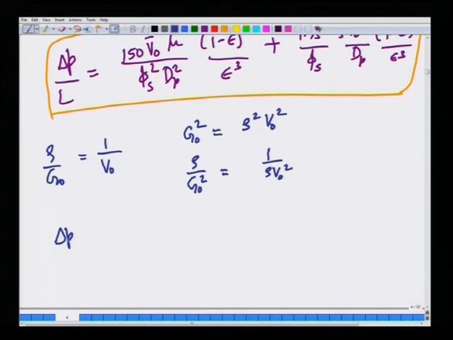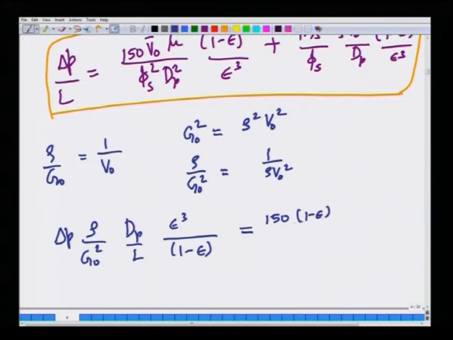So, delta P rho by G naught squared dP by L, epsilon cube by 1 minus epsilon, this is a non-dimensional pressure drop, essentially like a friction factor, is 150 times 1 minus epsilon divided by phi s squared, times dP G naught by mu, plus 1.75 divided by phi s.